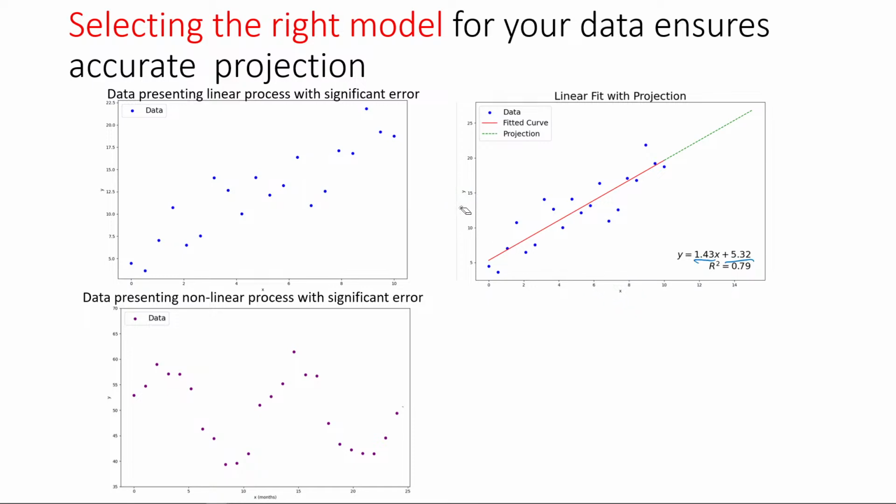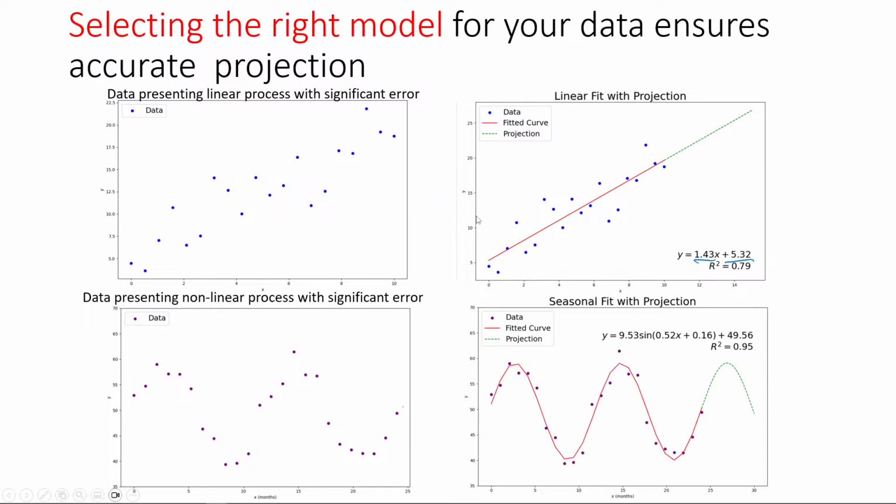But for this data, I didn't fit a linear model, because I knew that this is not linear, so I just fit a non-linear model to it. I fit a sine model to it. So here, this is the sine function that I fit to this data.